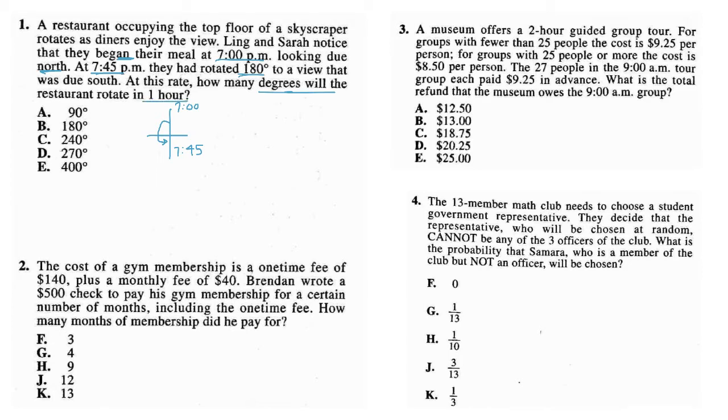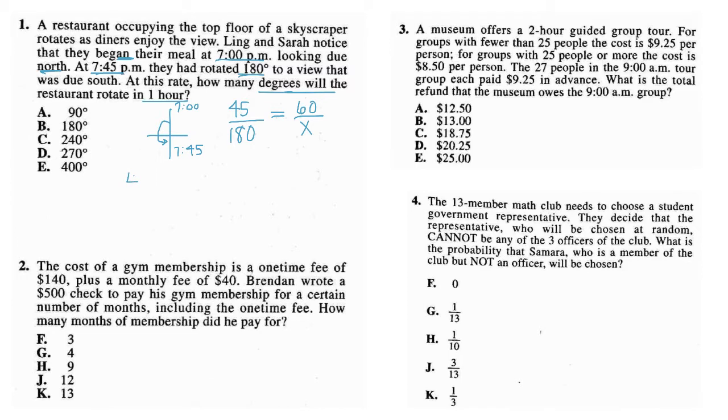Well, we know in 45 minutes the restaurant had rotated 180 degrees, so the rate's not changing, so we can set up a proportion and say, well, after 60 minutes, what is the rotation going to be? And from here, to solve a proportion, you cross multiply.